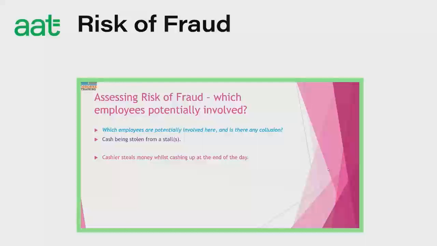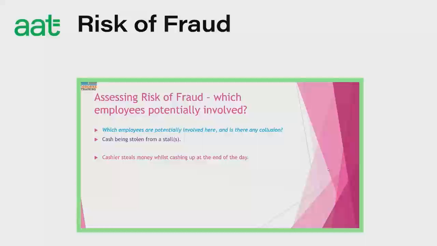There's our last couple of potential risks. So have a little think about which employees might be involved with these two scenarios. And I'll just carry on talking for a little bit, because what I was going to say was, if you've got these kind of scenarios presented to you as written questions in the exam, rather than multiple choice, then you need to be getting those explanations down on the page.